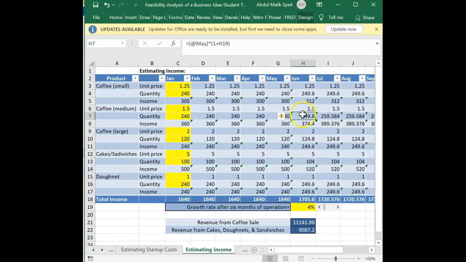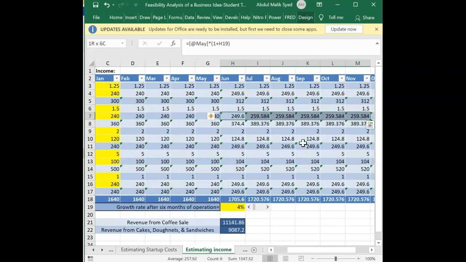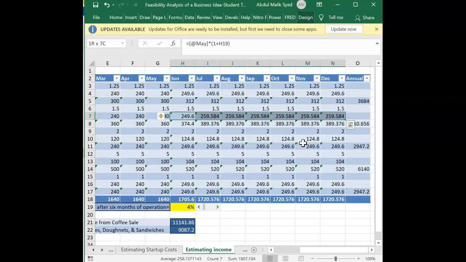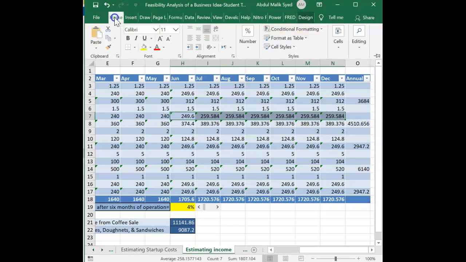But this is not looking good for us. So what we do is we remove the decimals.